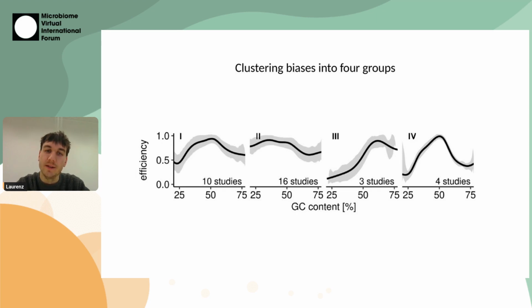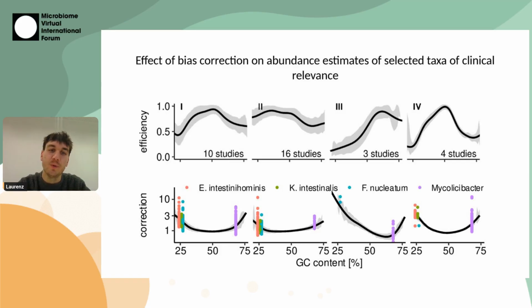For these four groups, we can, for example, look at what happens if you estimate the abundance once with Bracken, which does not take the GC bias into account, and then with GuaCAMOLE: how does it change for these four taxa here? Those four taxa have a relatively extreme GC content.